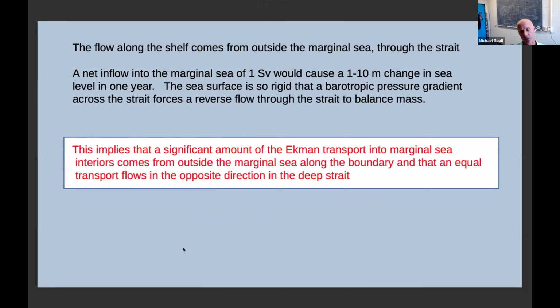The reason is that the sea surface is so rigid that it quickly develops a barotropic pressure gradient that closes the mass budget in the marginal sea. So the water that's coming in and out on the shelf is quickly balanced by water coming in and out in the deep part of the strait. This is a direct connection between what's going on on the shelf and what's going on in the deep part of the strait. They're connected through the mass budget. Next slide.